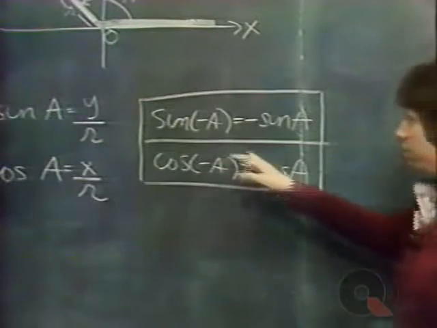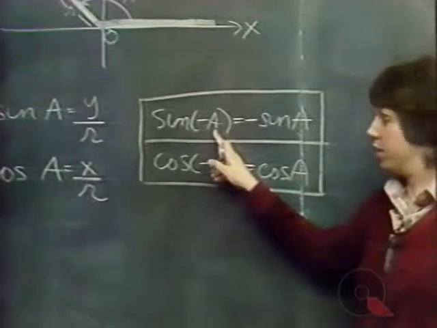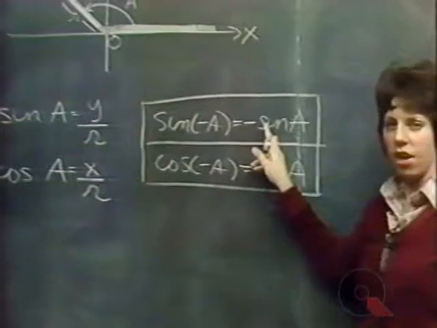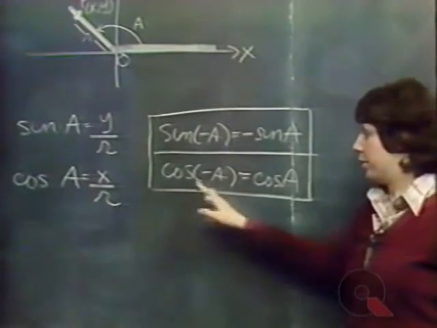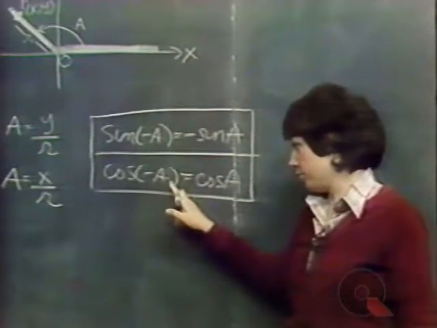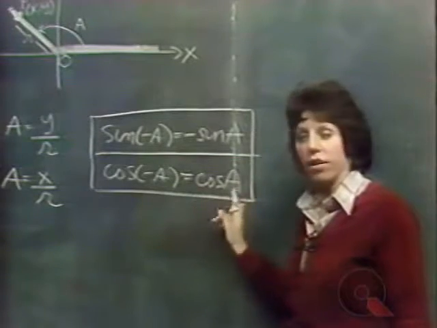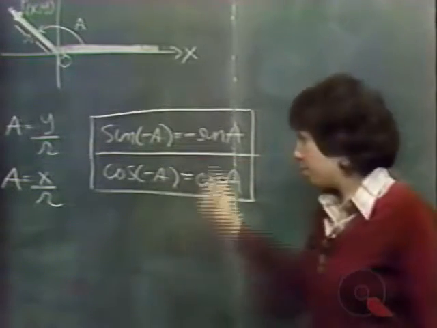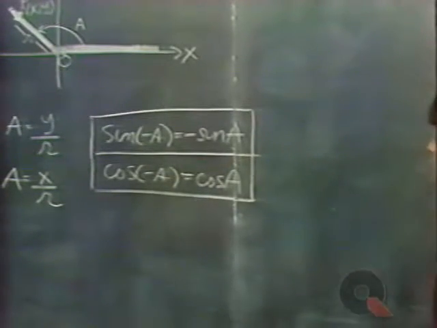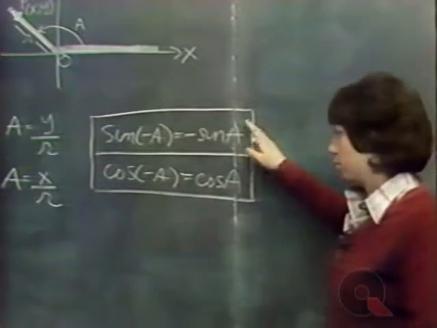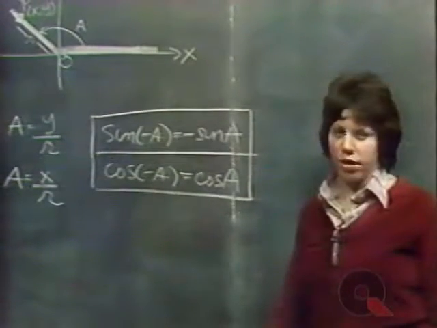For example, if you wanted to find the sine of minus 20 degrees, it would be minus the sine of 20 degrees. But the cosine of minus 20 degrees would be exactly the same as the cosine of 20 degrees. We'll be using these facts a little later on. By the way, we only need to work them out for sine and cosine.